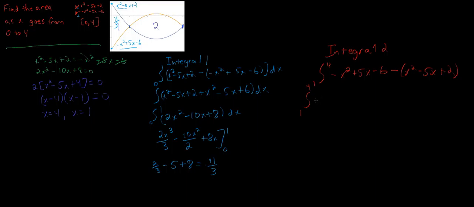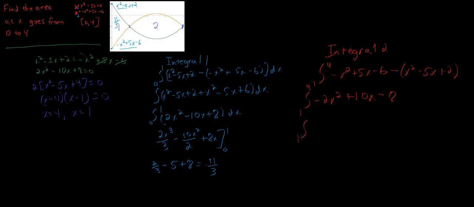Combining our terms, and skipping the distribution part, we have negative 2x squared plus 10x minus 8.